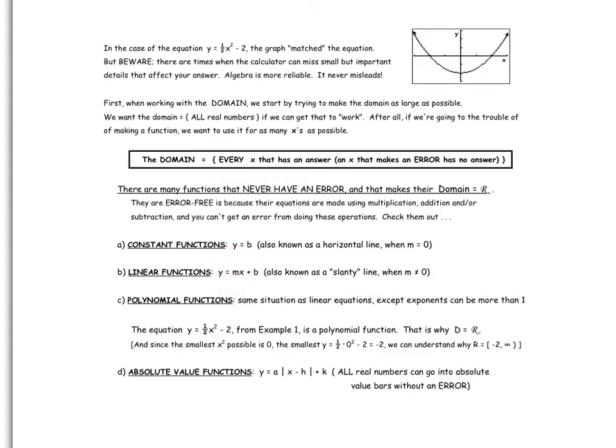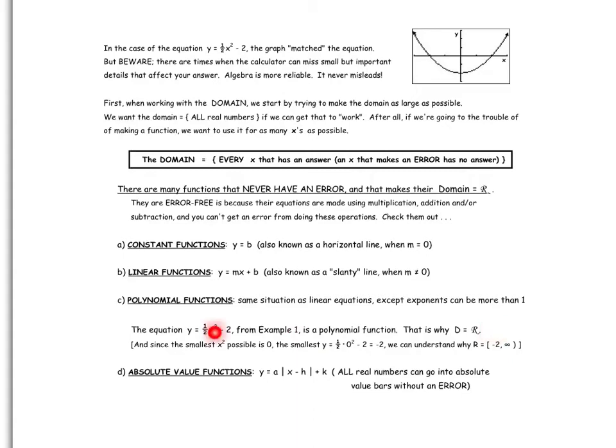You can't get an error doing that. Polynomial functions are in the same situation as linear functions, except the exponents, which mean multiply, can be more than one. The equation 1/2 x squared minus 2 from example 3 is a polynomial function. That is why the domain was all real numbers.